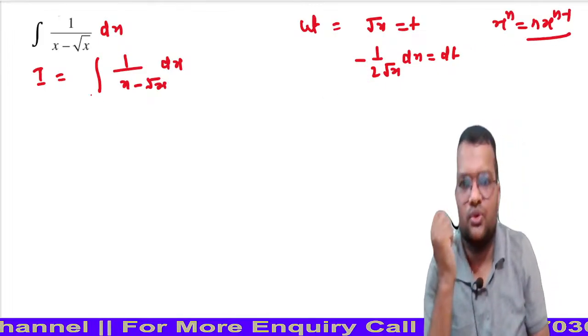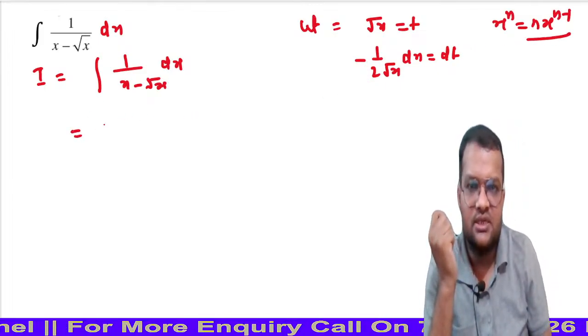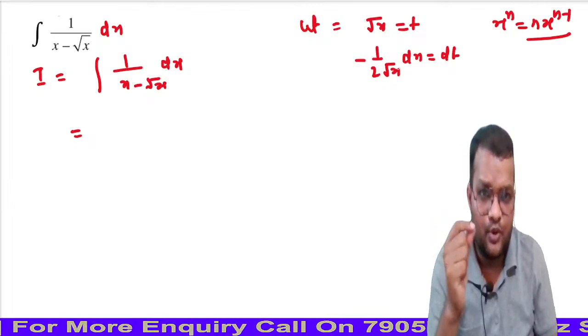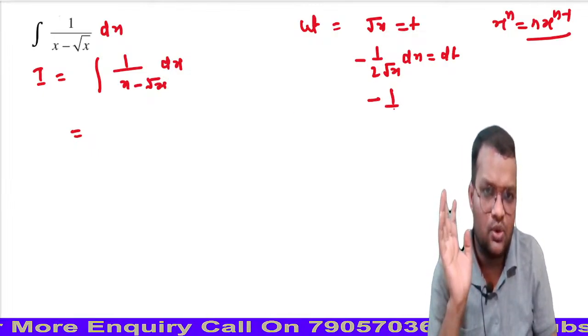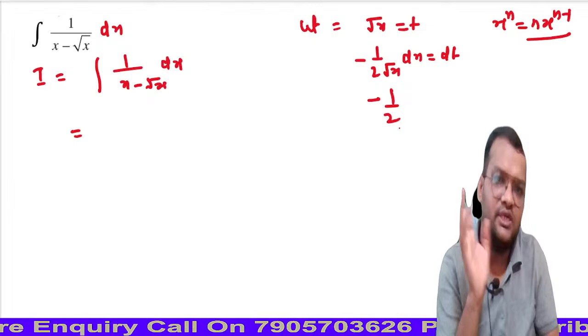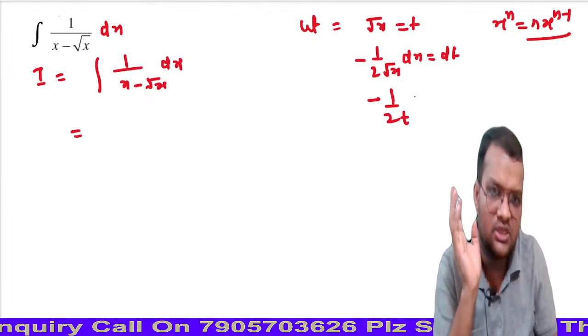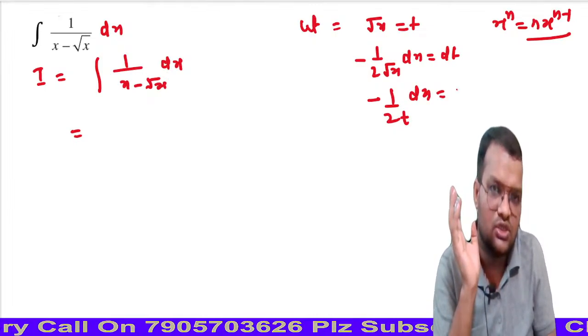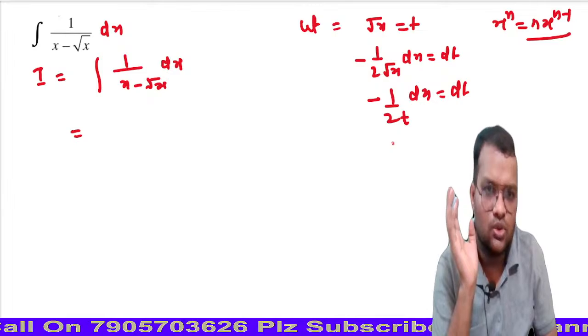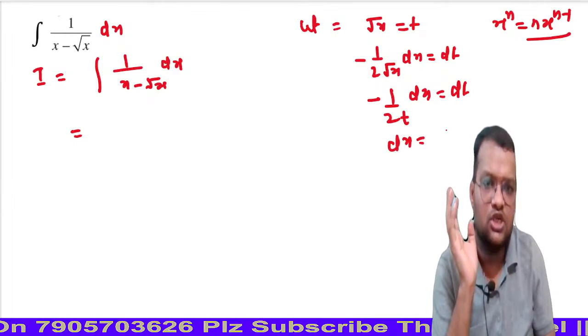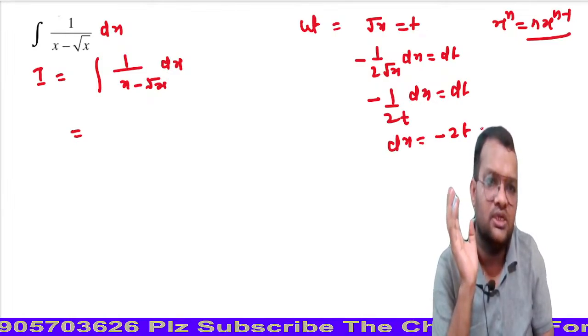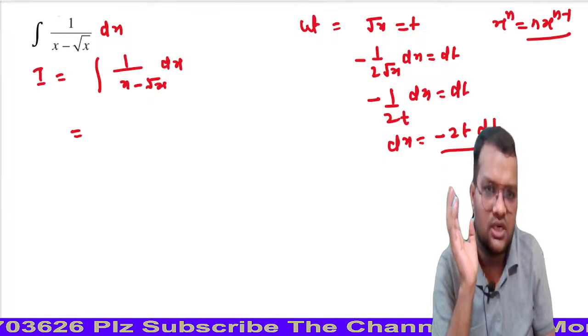Okay. So we can replace here. Now you can put here also minus 1 upon 2 root x is equal to t. You know this one is t. dx is equal to dt. So dx is equal to minus 2t dt. Is it or not?